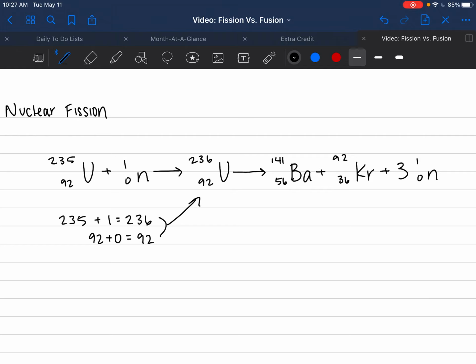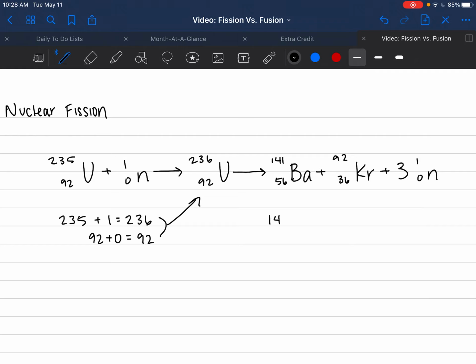The next thing we're going to take a look at: when you divide that uranium-236, you get a couple of things going on. You get a barium atom, a krypton atom, and then notice you get 3 more neutrons. Remember how they talked about how that causes a chain reaction? Each of those neutrons can go on to hit another uranium-235. So we're going to add all these together to make sure it also checks out.